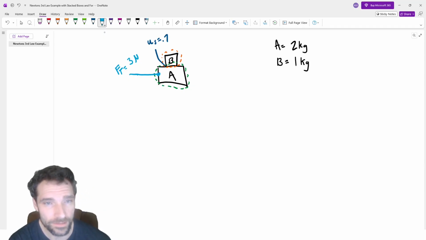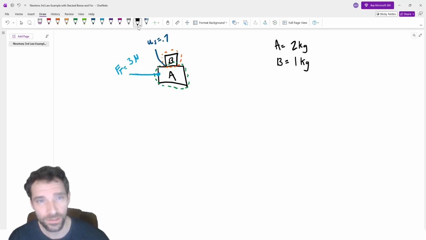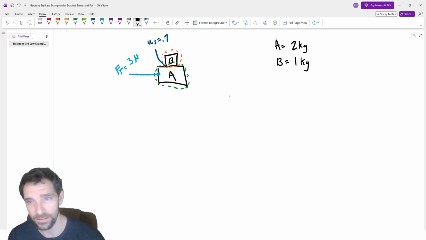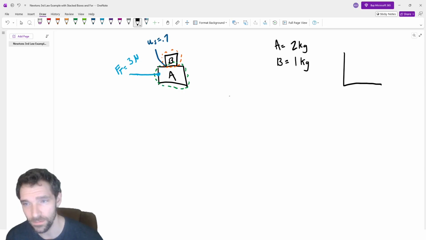If we look at this, the force of static friction is going to be something that scales up as you apply a force until it gets to the point where the static friction maxes out, and then you get this kinetic friction.